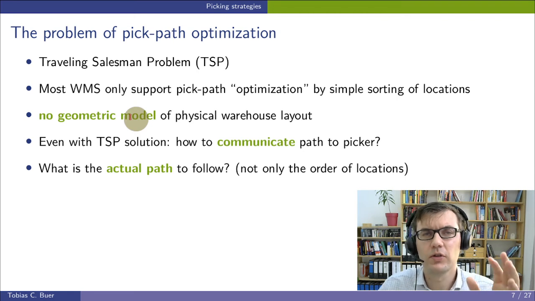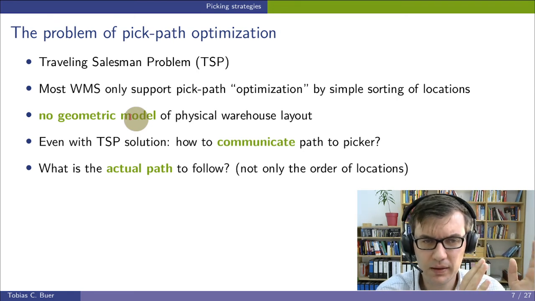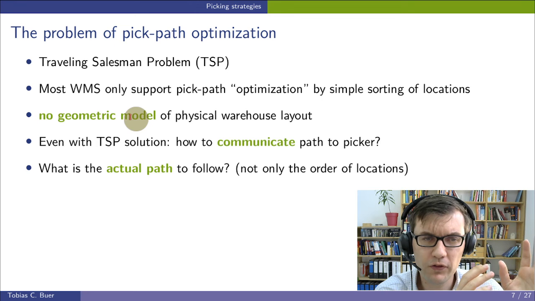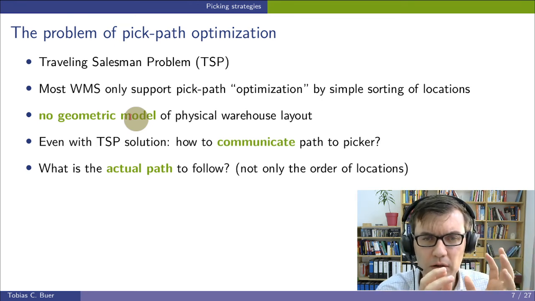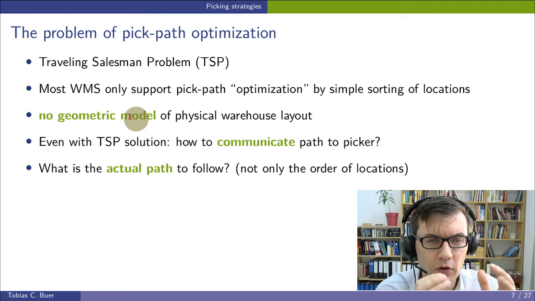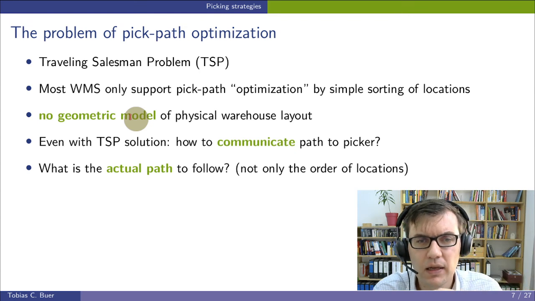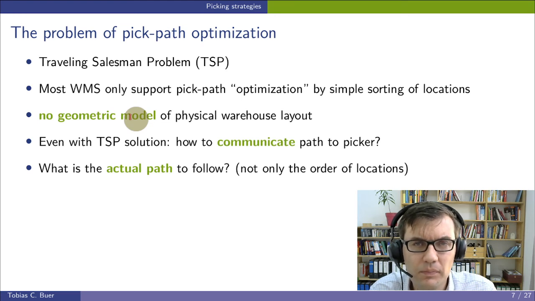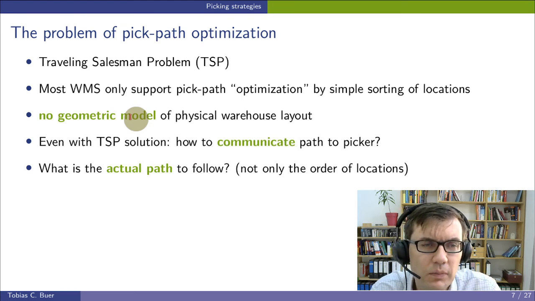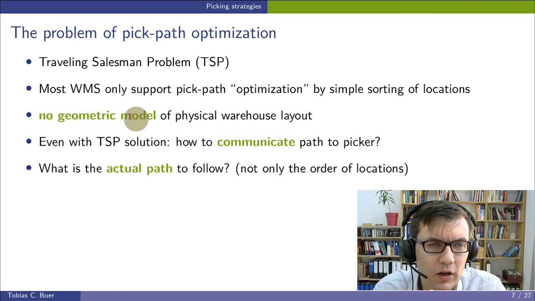They know about storage locations, but these systems often miss the information: what is the difference between the different warehouse locations and what is the physical arrangement of the shelves, of the aisles in the warehouse? So typically there's not a real optimization. Warehouse management systems do not really solve an optimization problem in the sense of a traveling salesman problem, for example.